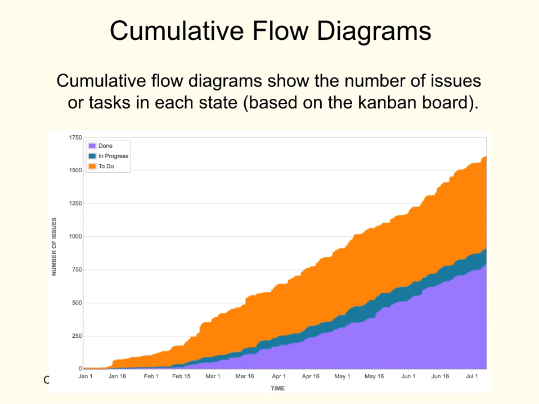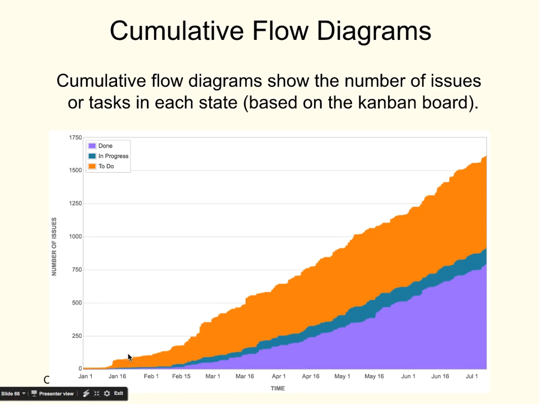So the idea in a flow diagram is that it shows the number of issues or tasks in each state. For example, the three states are stuff you have left to do, stuff that you're currently doing, and stuff that you have finished.